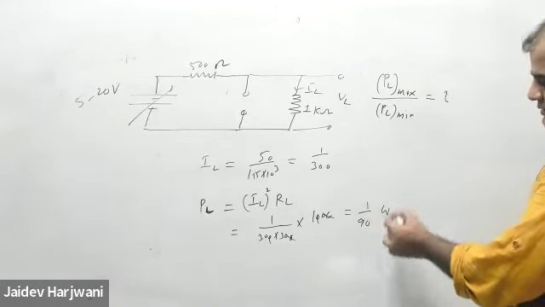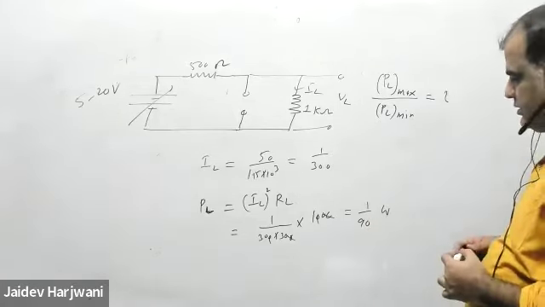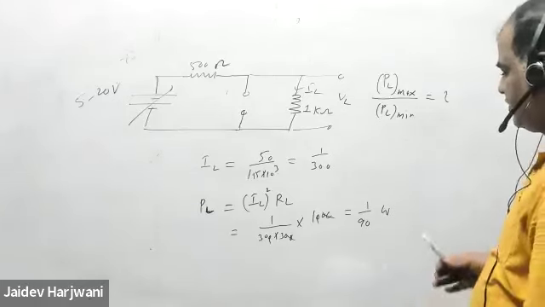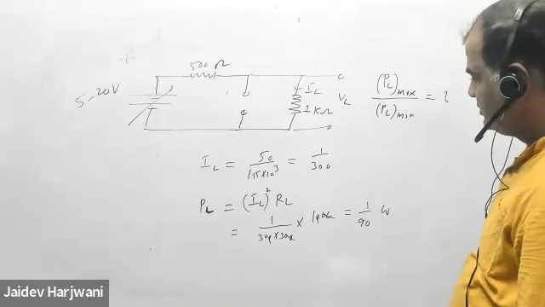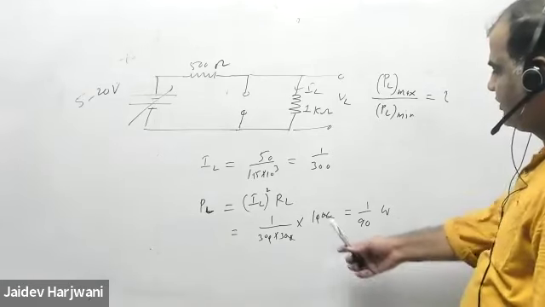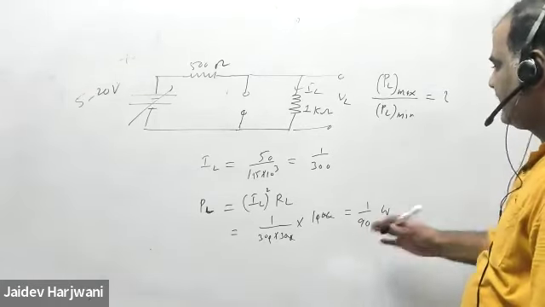Is that correct? Yes, sir, it's coming 1 by 90 watt. Milliwatt or watt? Watt. Kilo ohm. So I put it here RL. So 1 by 90 watt.